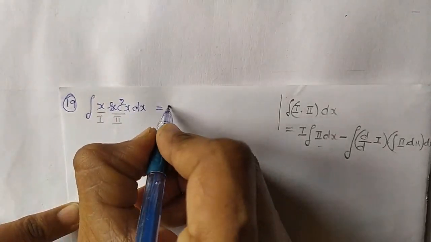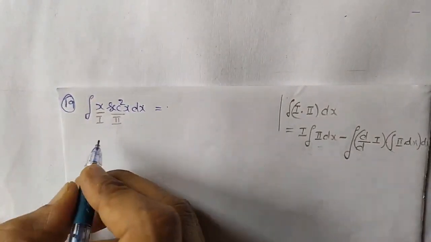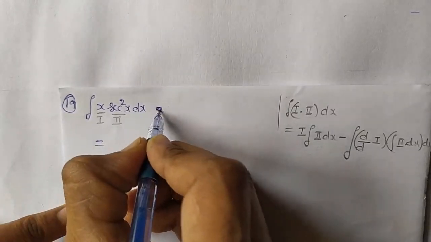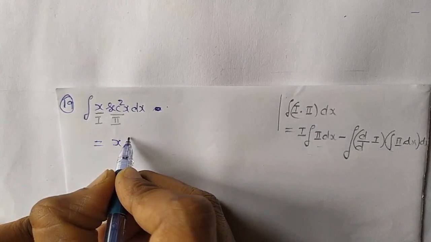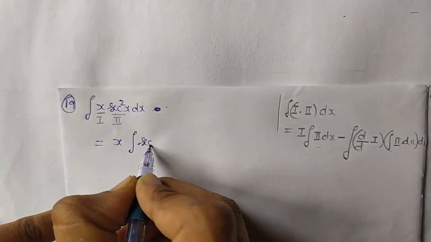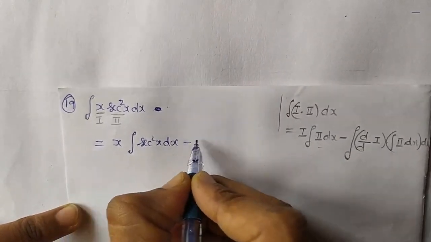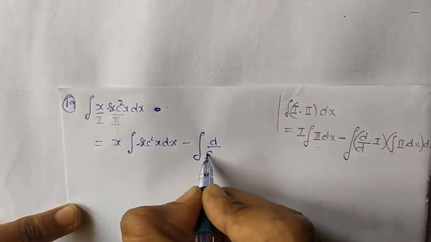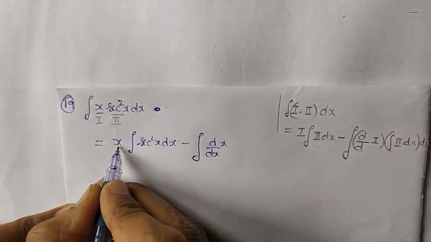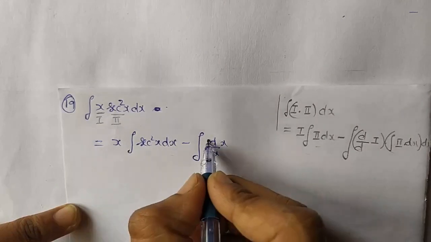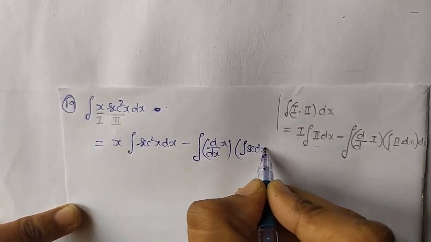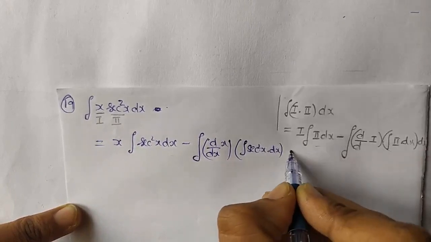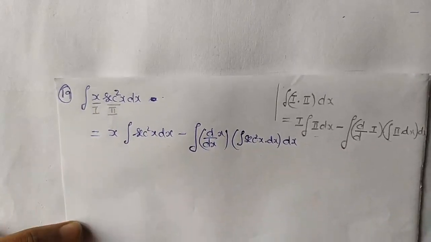Now that is equal to the first function, keep it as it is, integration of secant square x dx, minus integration of differentiation of the first function x into the next integration of secant square x dx. Again we should integrate.